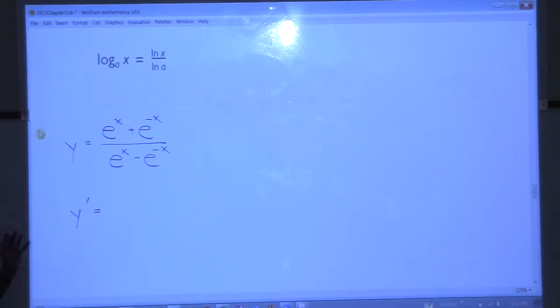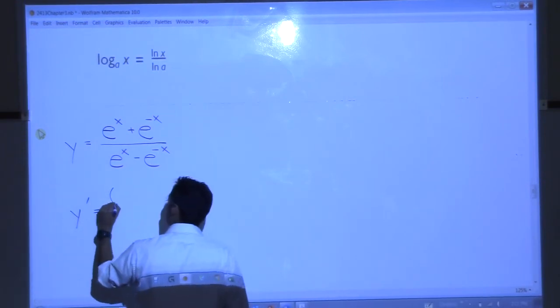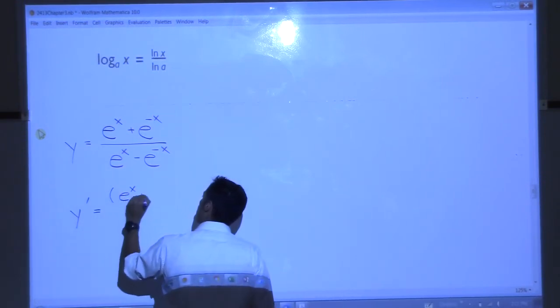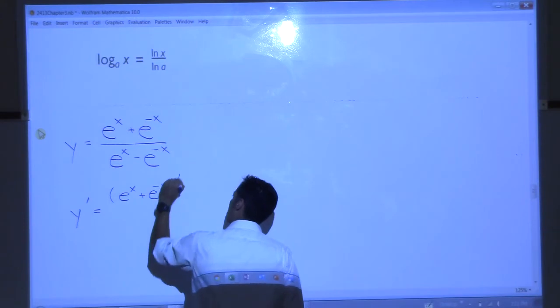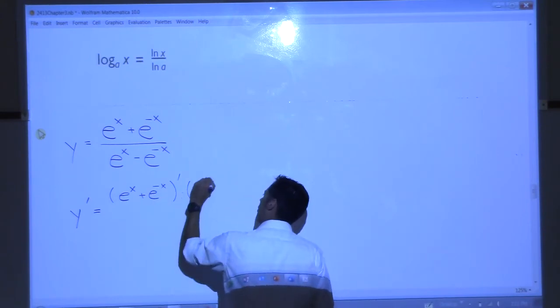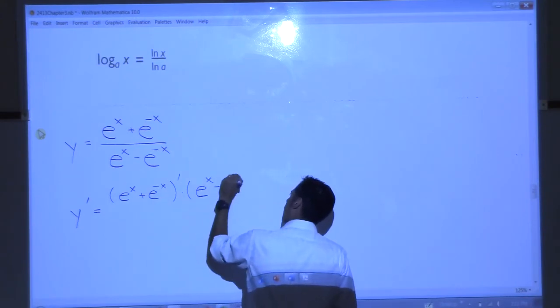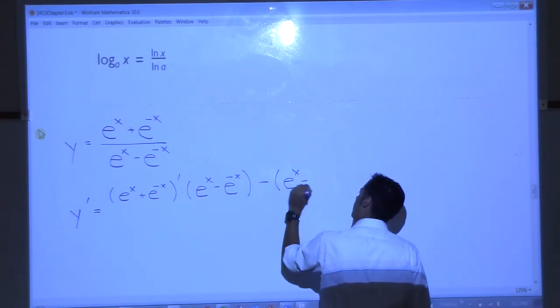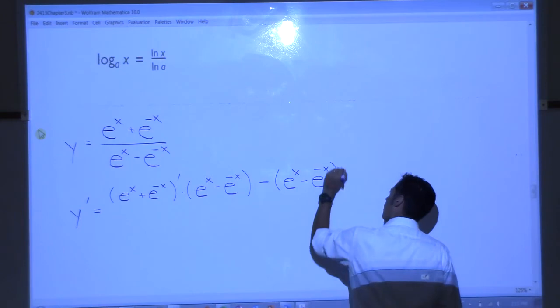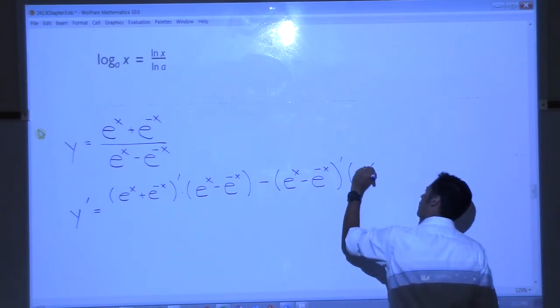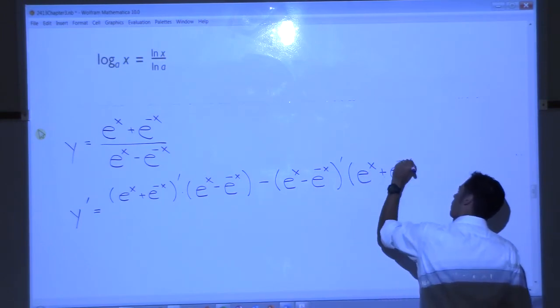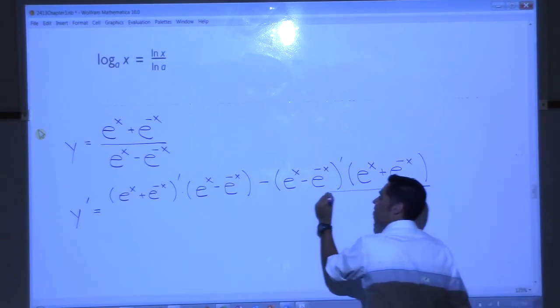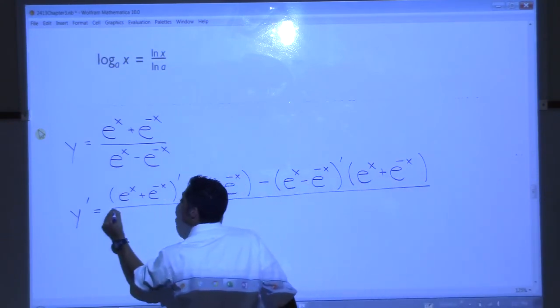So maybe I'll write the quotient rule out with the little prime marks just to get us all in order first. I'm going to take the top, and I'm going to take its derivative, right? Times the bottom, and then minus the derivative of the bottom times the top, all over the bottom squared.